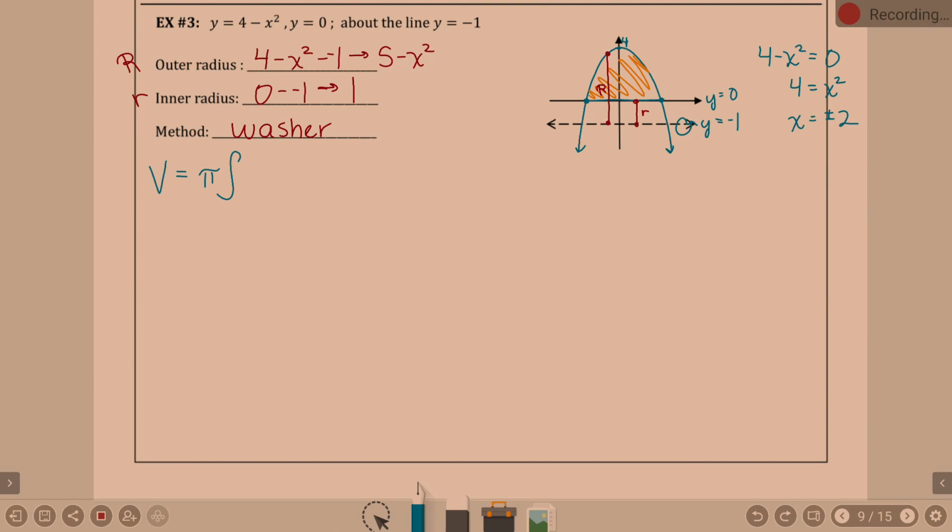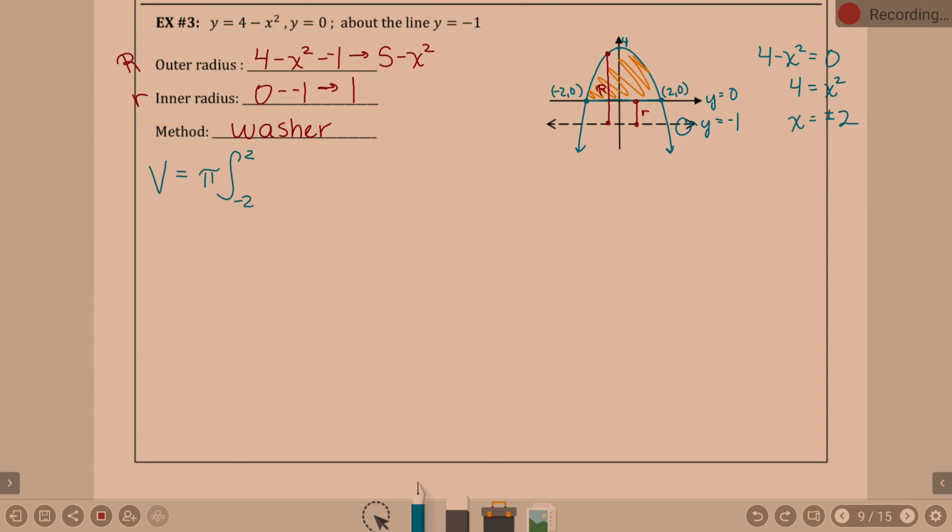The next set would go over 2, down 4, and those would land there. I just didn't get specific in graphing my parabola. So this point is 2, 0. This point is -2, 0. So my bounds are -2 to 2.